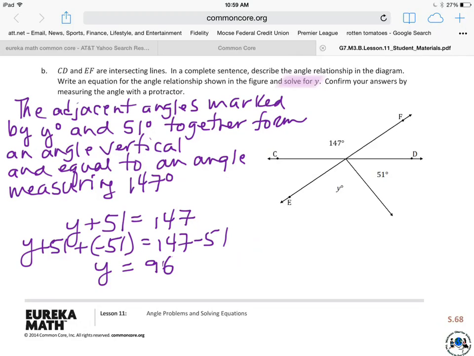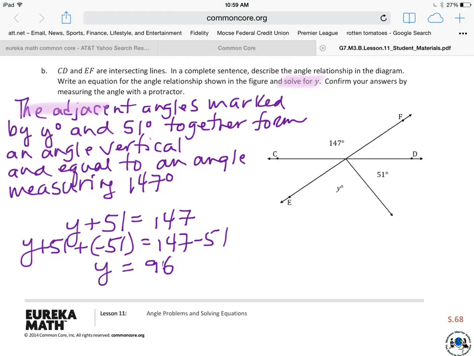Again, a really easy one to figure out yourself without any kind of algebra, but going through the process is really important. And this idea of writing all of this down, the sentences concerning the relationships with the angles, is really good. It gets you thinking on paper.